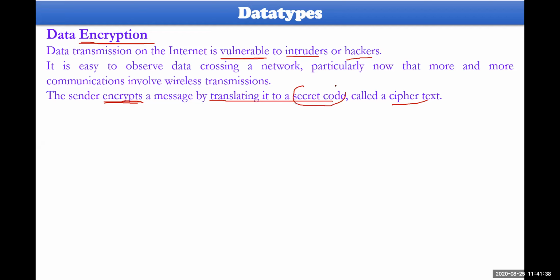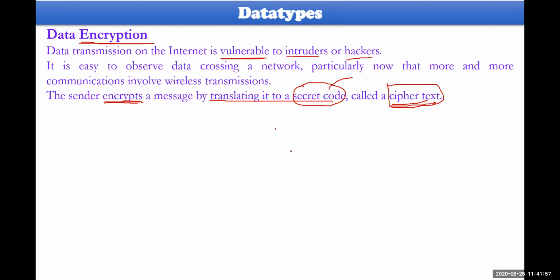By using a secret code, he translates that particular message into cipher text, and then this cipher text will be sent to your friend, and he will decrypt it again using the same secret code. Okay, the secret code must be known only to the two of you.